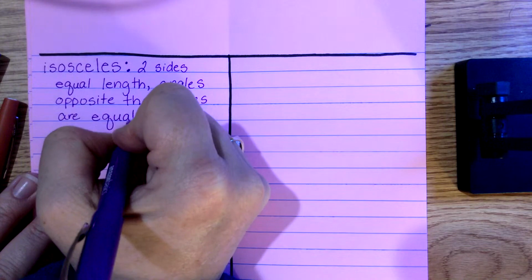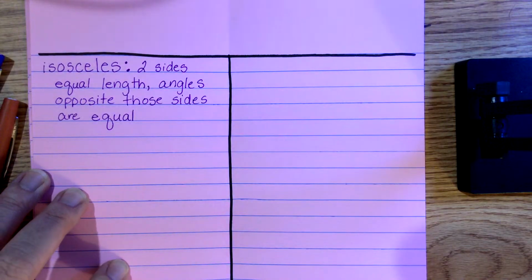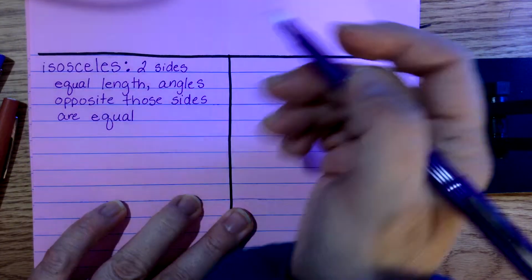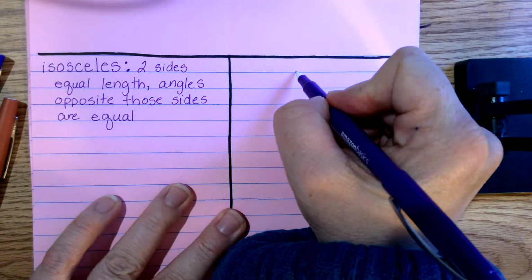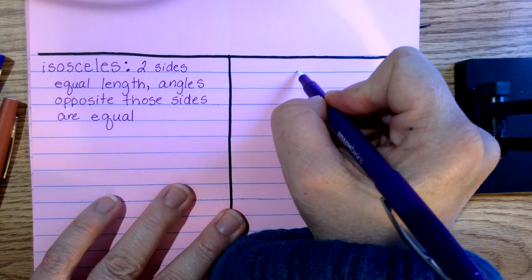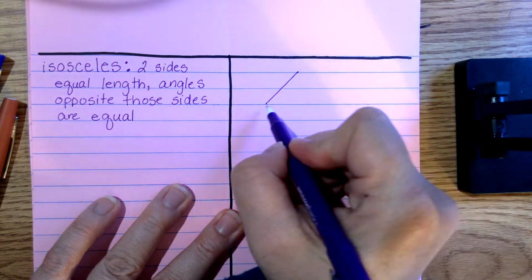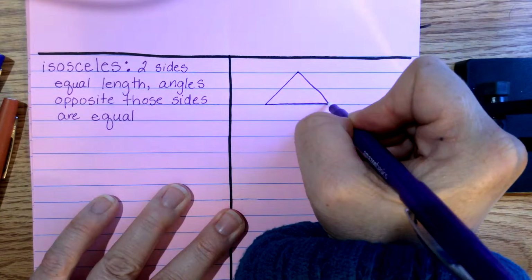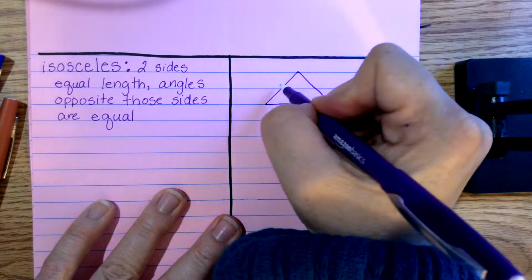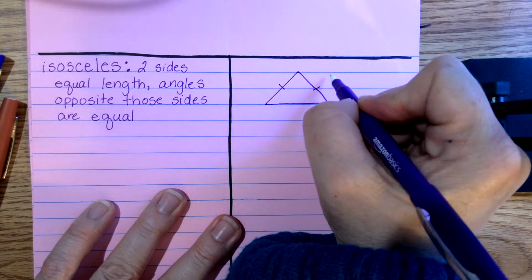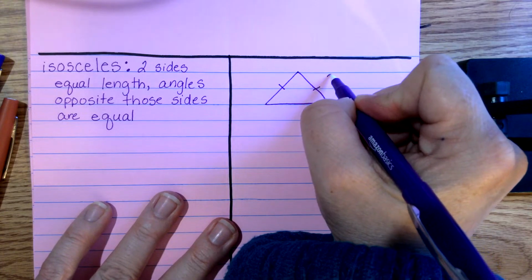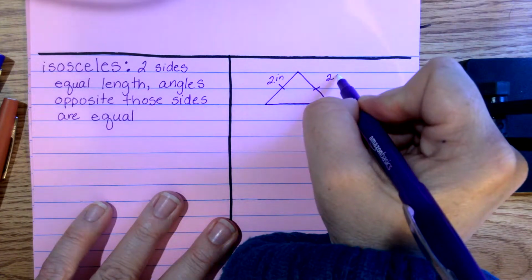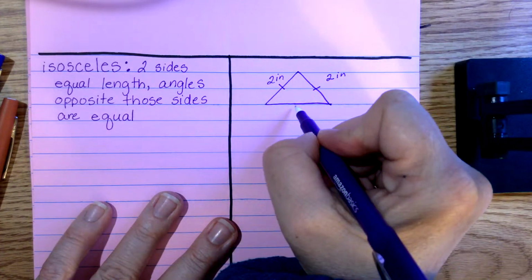Again, remember in theory that Mrs. Cito can draw and make these perfect, so you're just going to have to pretend for a second. And we're going to go with something that looks a little bit like this. And we're going to say that both of these sides are 2 inches. And we'll say that this one's 3.